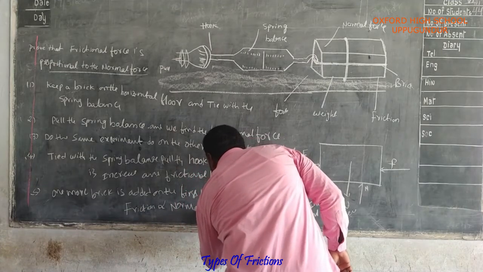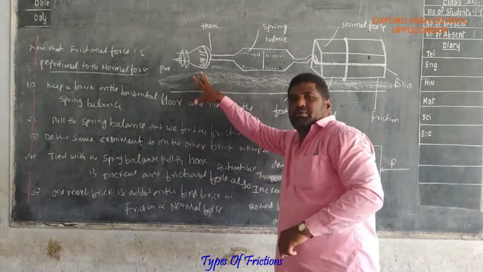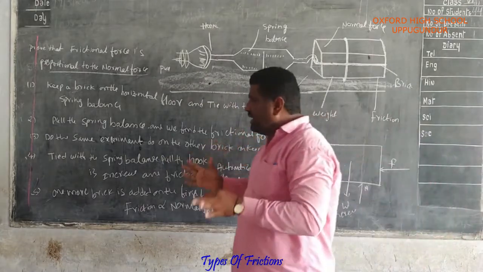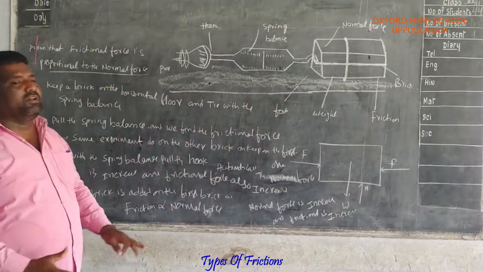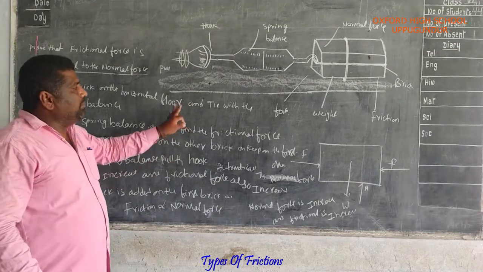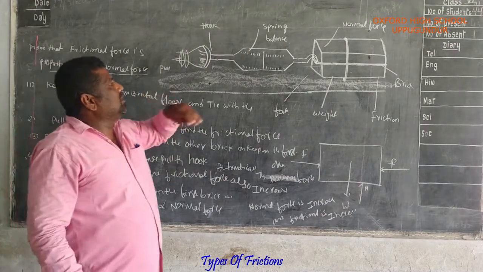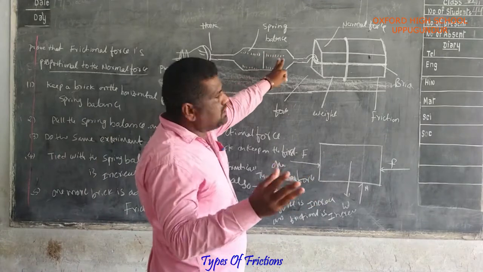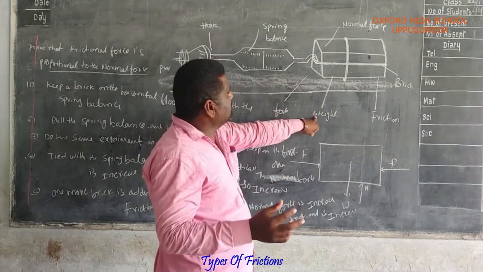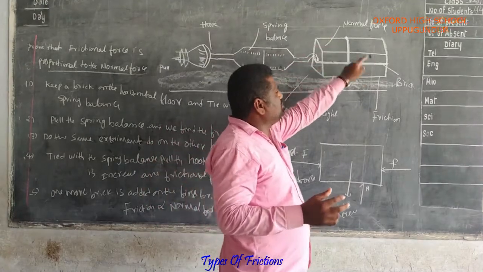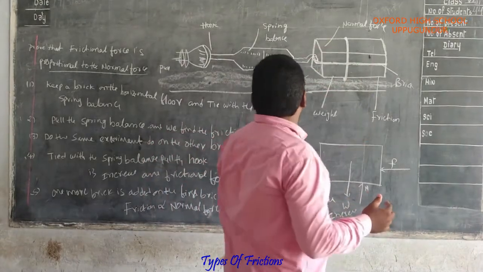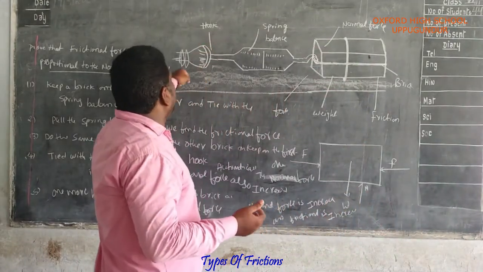So this is today's topic: prove that frictional force is proportional to the normal force. First of all, draw one picture. One brick is kept on the floor, and here there are many parts: the weight, the spring balance, the normal force, the brick, the friction, and the hook to pull the chain.